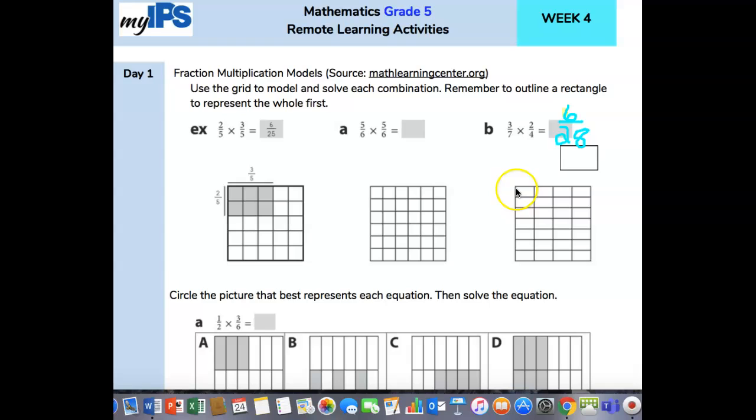Okay, so 3/7 is going to be from here down to here, 3/7. Okay, now we've got 2/4. 1, 2, 3, 4. All right, so let's go in and change that, and we're going to shade in 2/4.